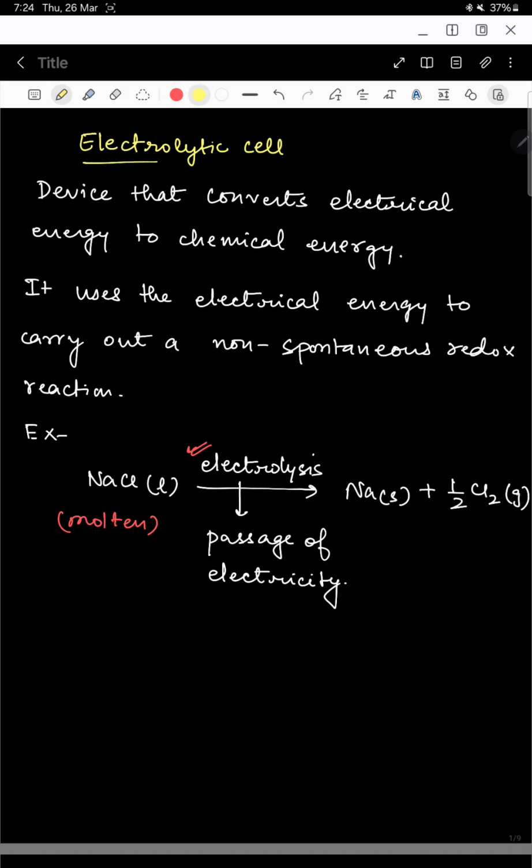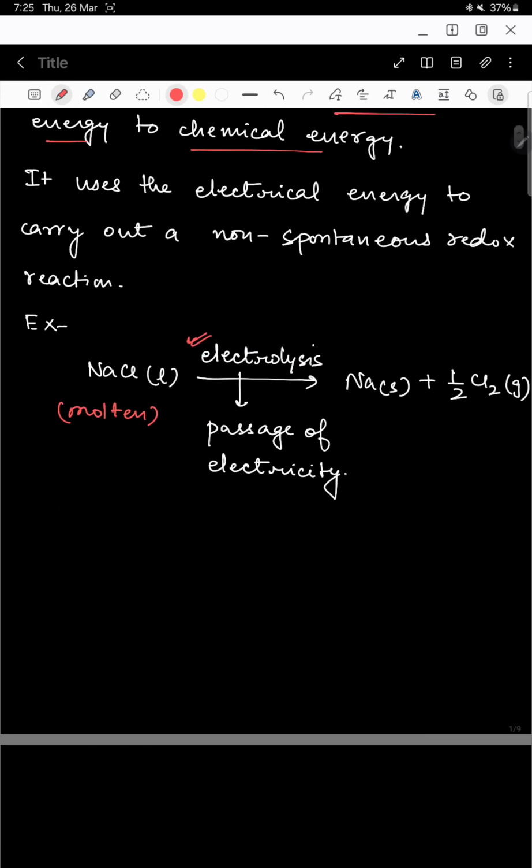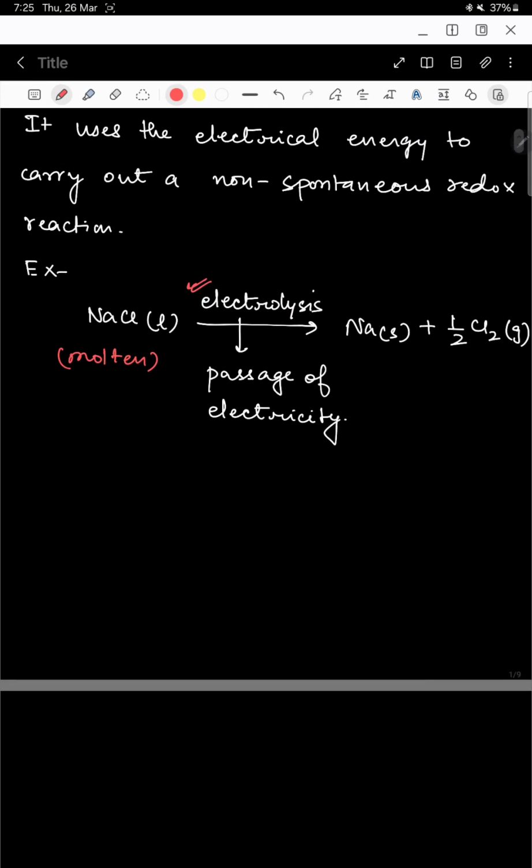So that is called electrolysis. An electrolytic cell is a device that simply converts electrical energy to chemical energy. It uses electricity to carry out a non-spontaneous redox reaction. Like this, the decomposition of sodium chloride is a non-spontaneous redox reaction, but it can be carried out by the passage of electricity in this device called an electrolytic cell.